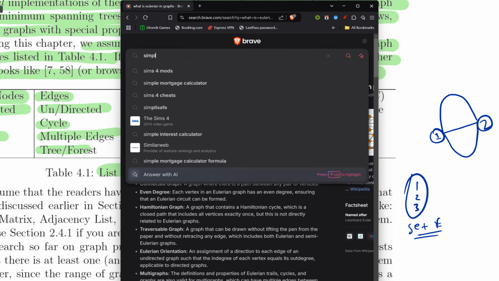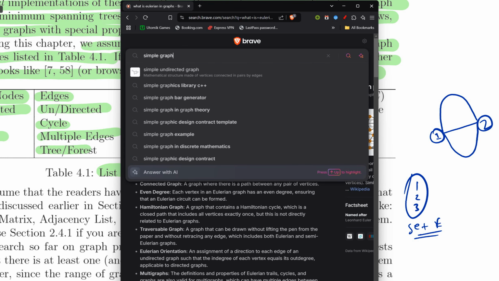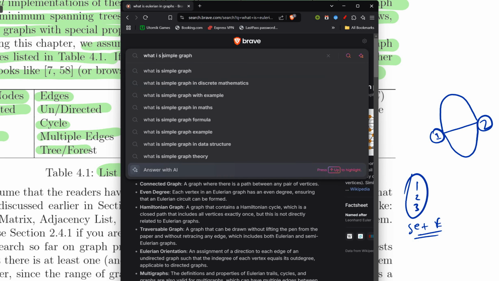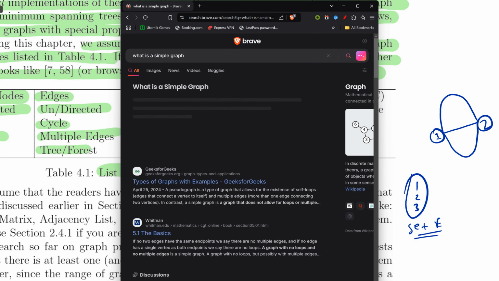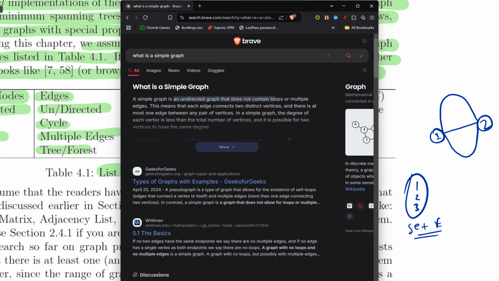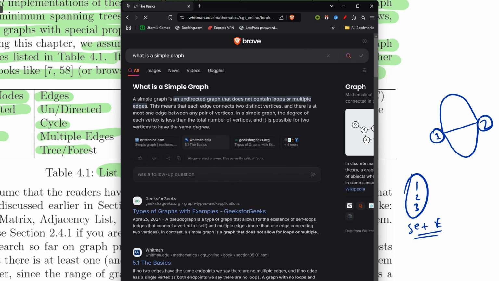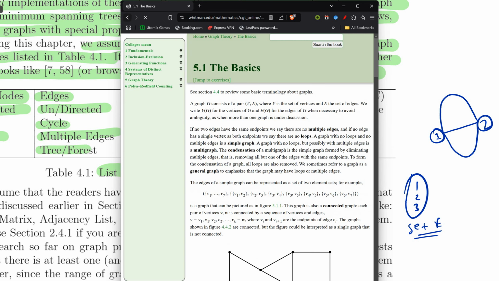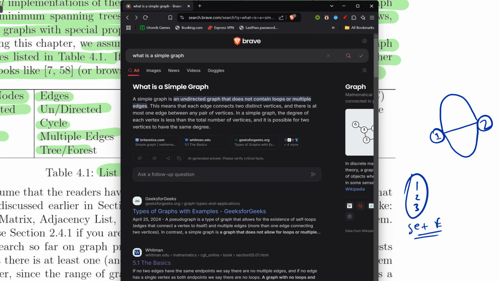So this is nothing but an undirected graph that does not contain any loop or multiple edges.